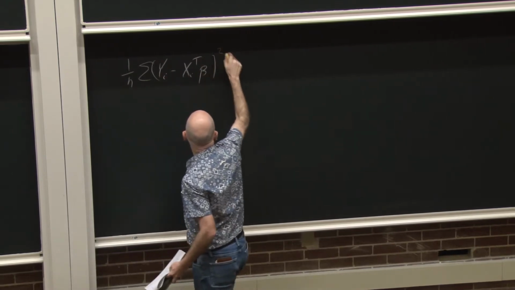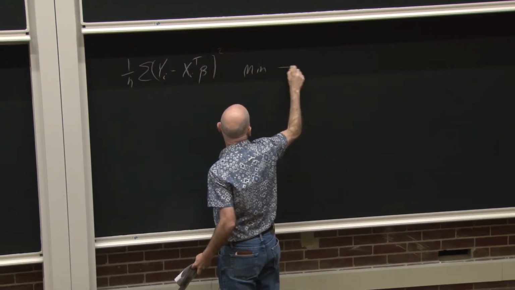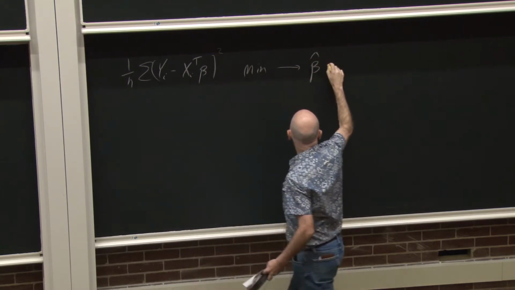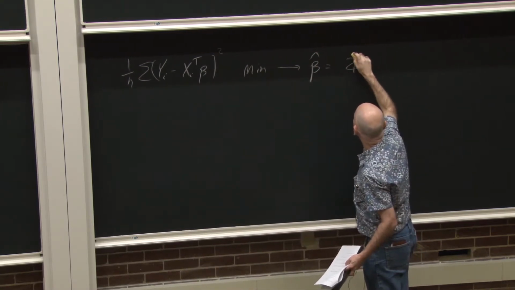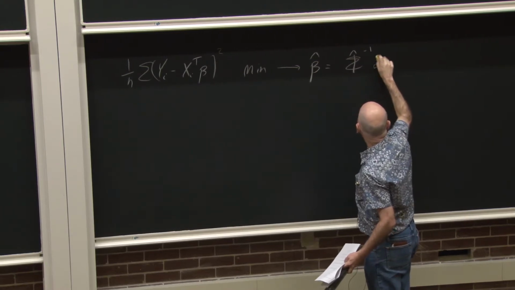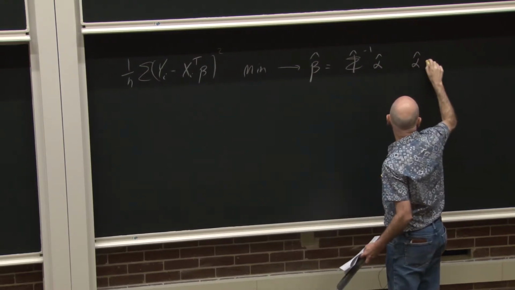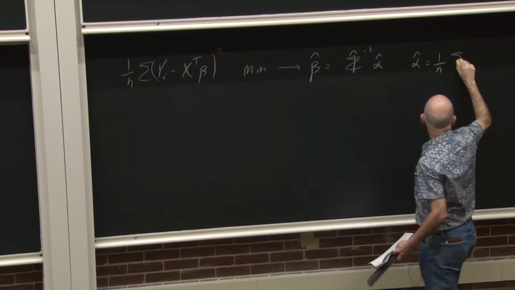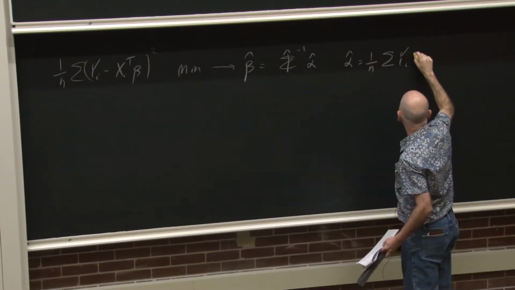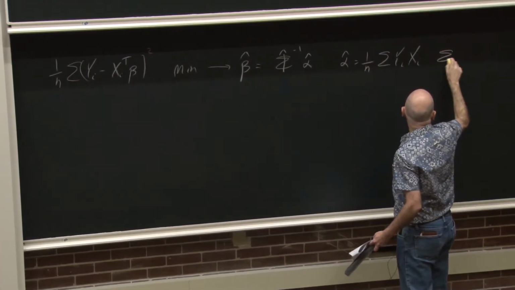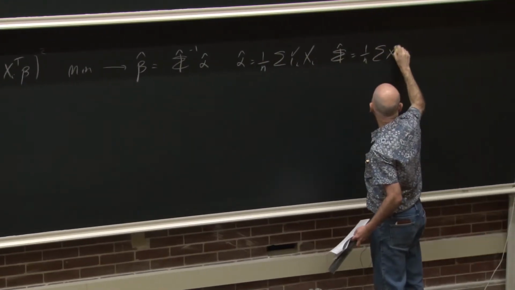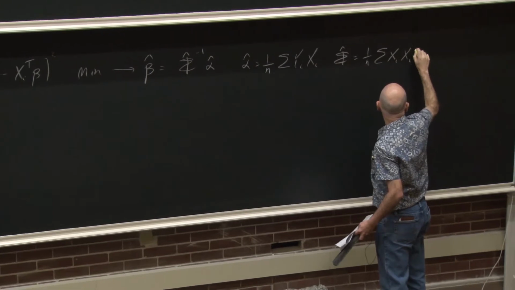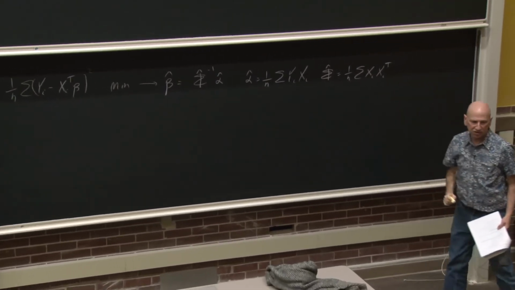And when you minimize that, you get the least squares estimator, where this is now just the sample versions of everything.